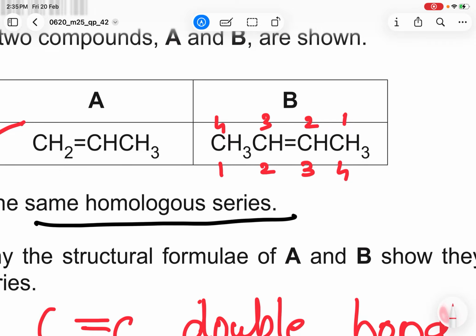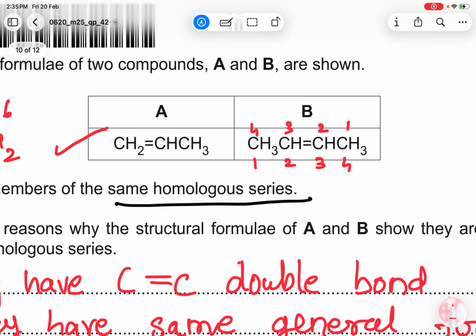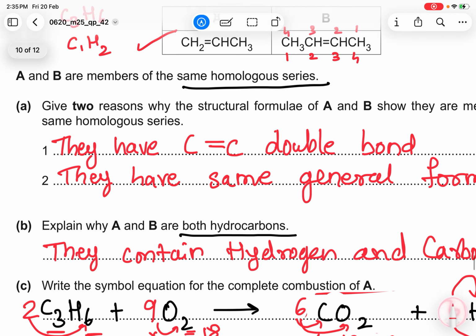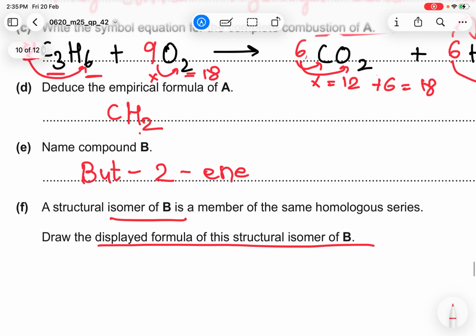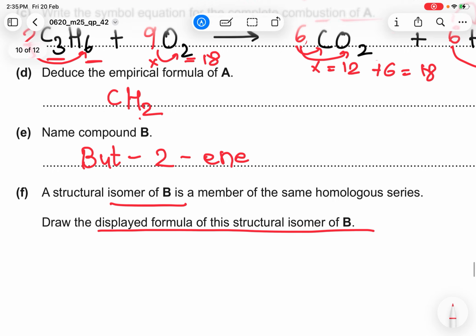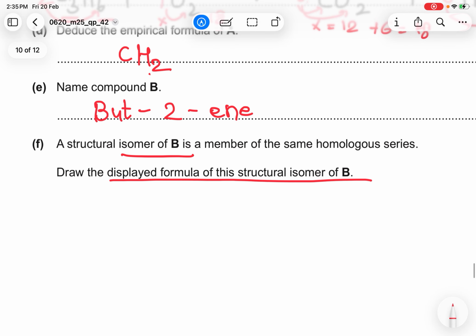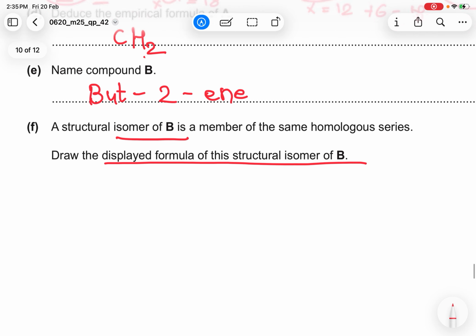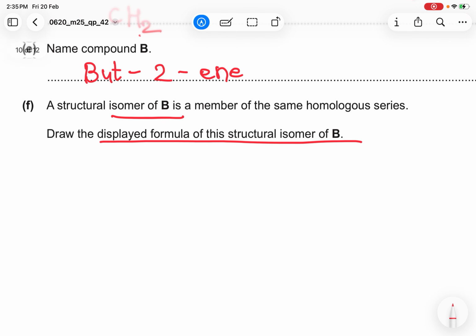So the double bond comes at the second position. We have 4 carbon atoms, and we know that it is an alkene, so we will write the prefix first, which is but, the double bond position, that is 2, and the type of compound, that is alkene, so the name ending becomes ene.